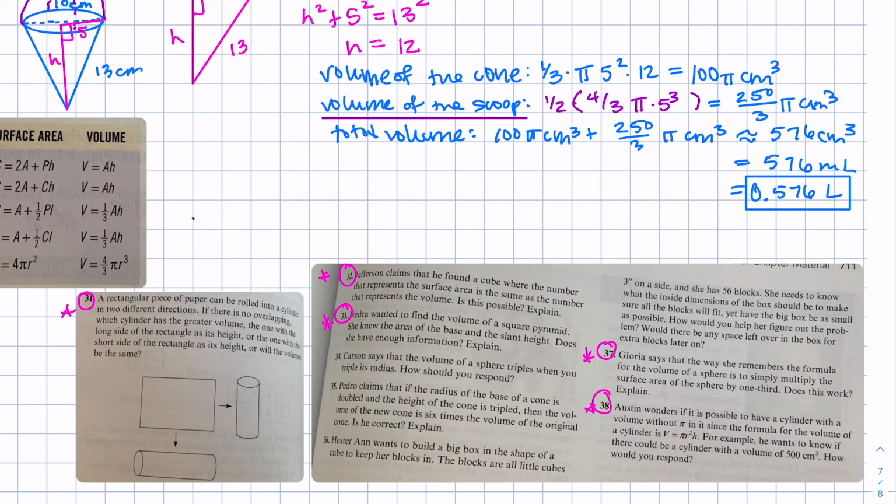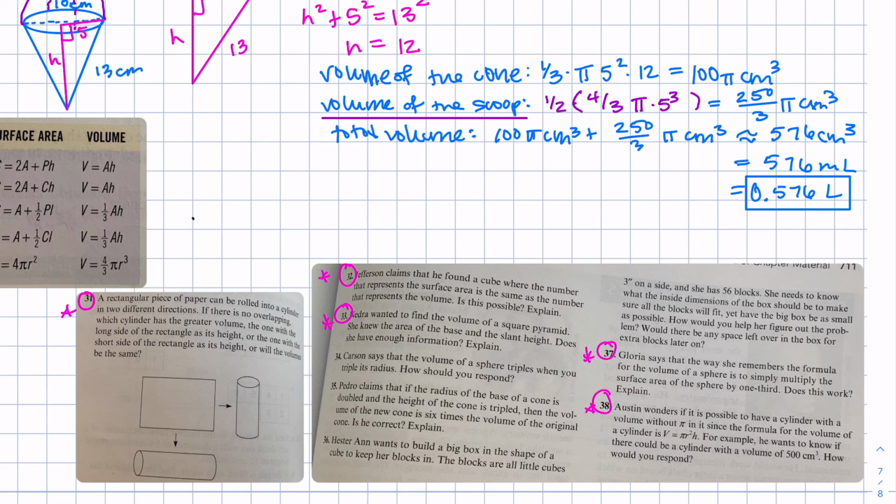or think about. The first one I thought was kind of fun. So we have a rectangular piece of paper that is rolled into a cylinder in two different directions. And we're assuming that we don't overlap the edges to glue them together. They're just touching. There's no overlapping. Which cylinder has a greater volume?